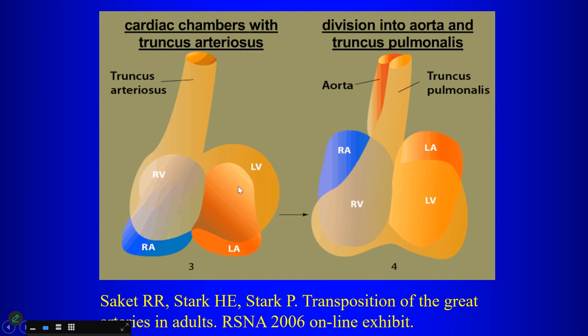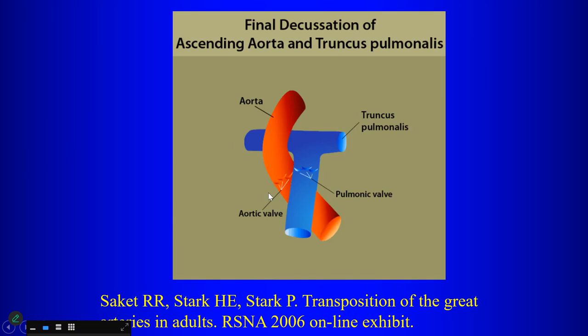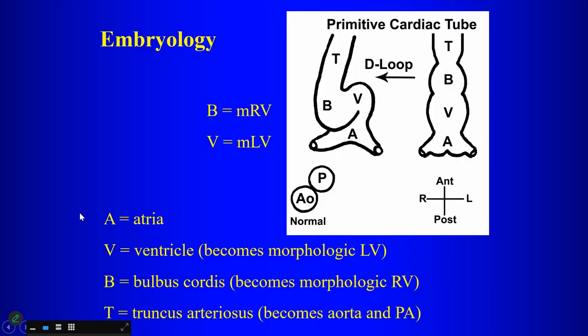And so it's going to loop like that, usually when we have a D loop, right? The truncus arteriosus then differentiates into the aorta and the pulmonary artery. And we know our relationship of the pulmonary artery to the aorta, so that occurs normally from the division of the truncus arteriosus.